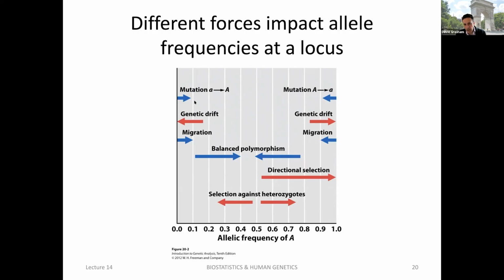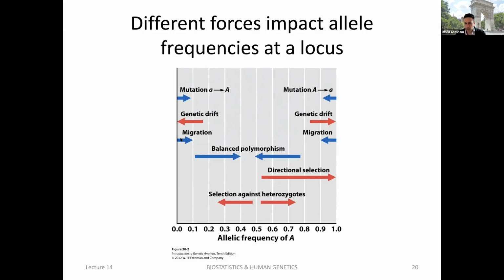And of course, underlying this is the assumption that new mutations are being introduced into a population at some rate, and this is due to errors in DNA synthesis. So we get new variation introduced as a function of mutations, which can also remove variation from the population. And another source of new variation in a population is migration.